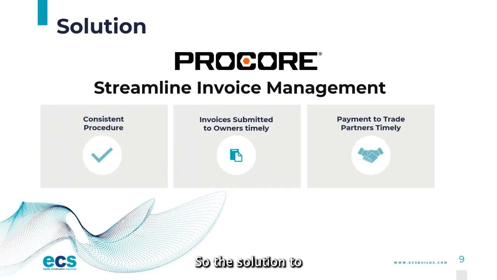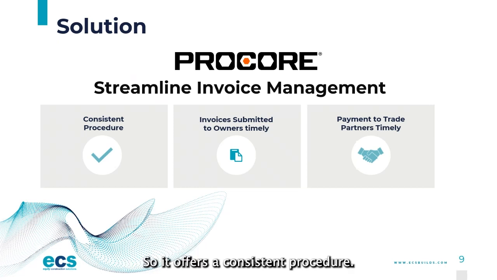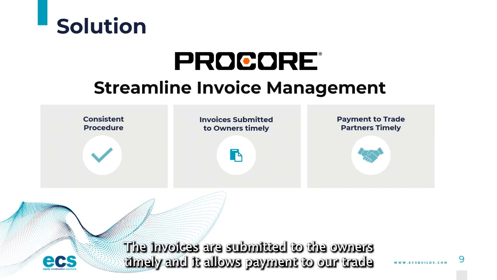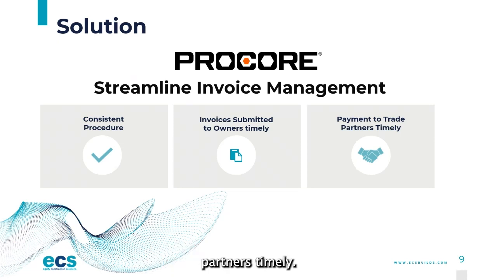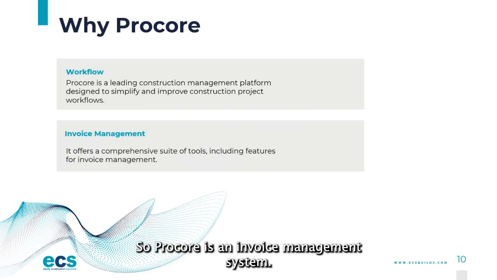So the solution to those problems is to use Procore, a streamlined invoice management system. It offers a consistent procedure. The invoices are submitted to the owners timely, and it allows payment to our trade partners timely. So why are we selecting Procore? Procore is an invoice management system.